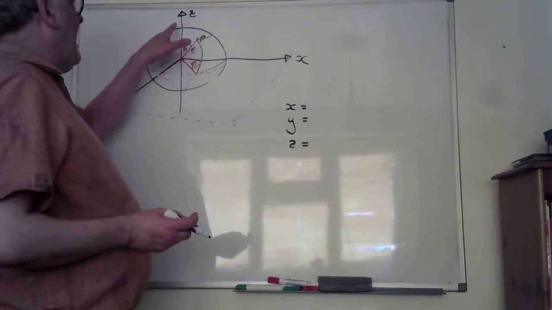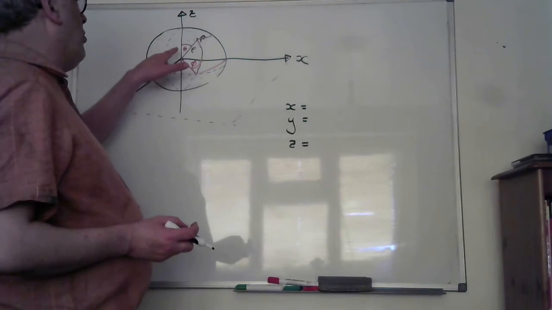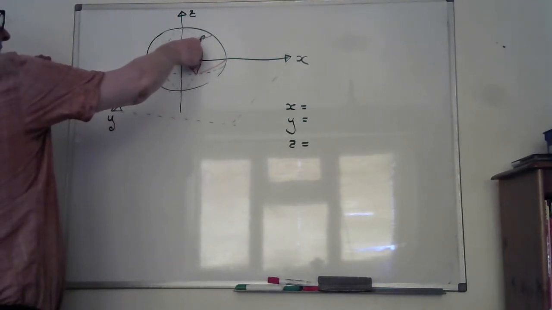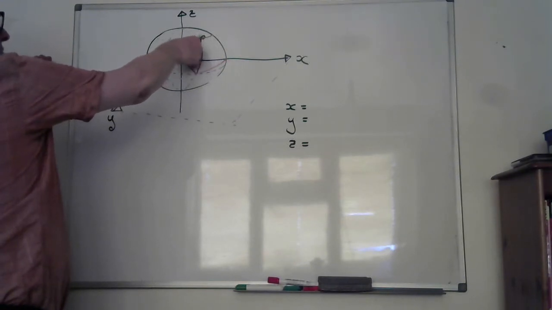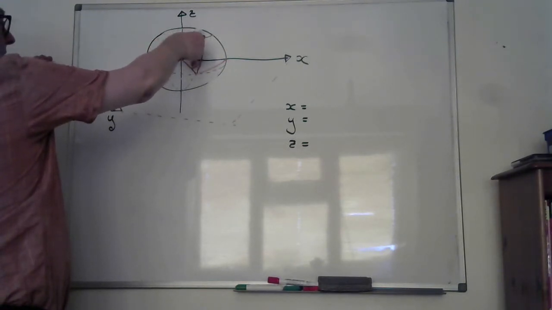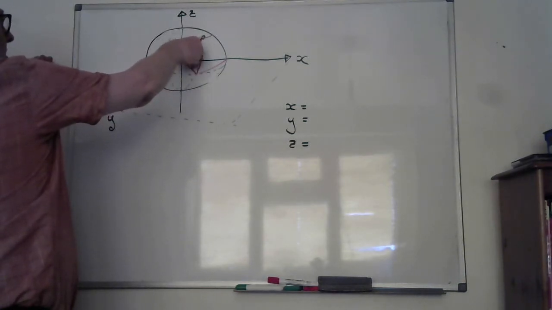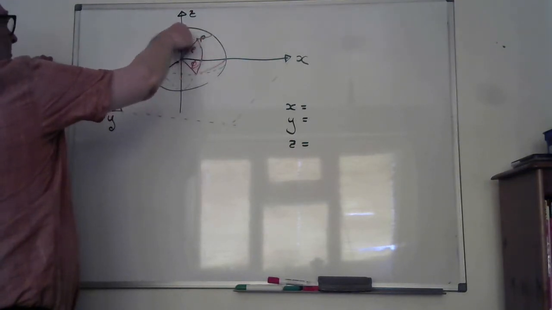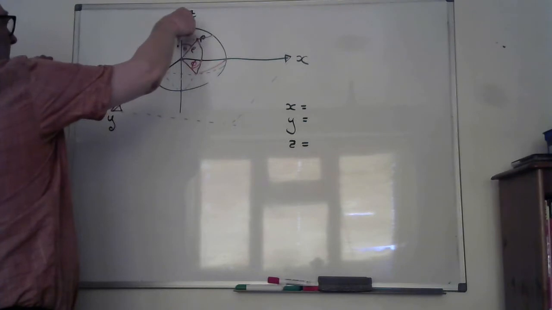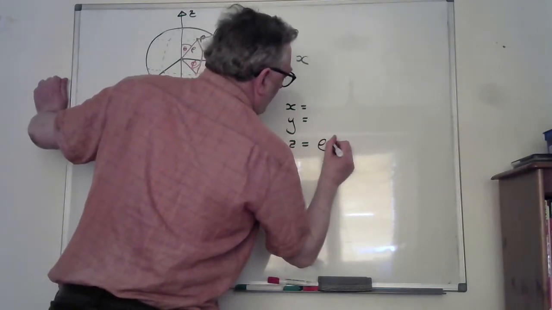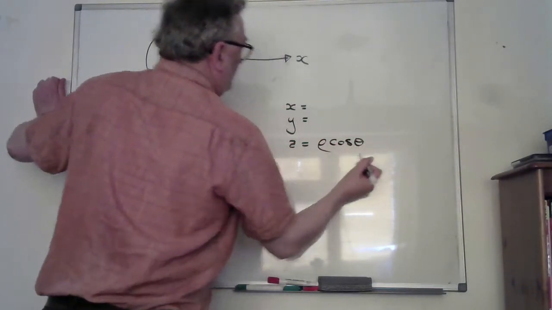To work out z in polar coordinates, you just resolve this radial vector, rho, with respect to the vertical axis z. If that turns through angle theta, this length up here becomes rho cos theta.